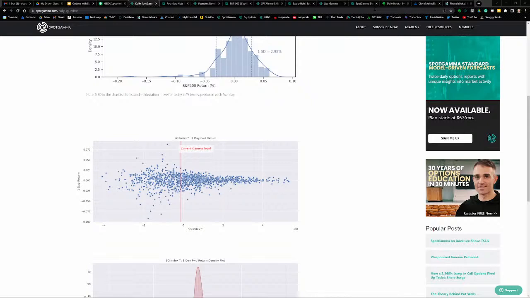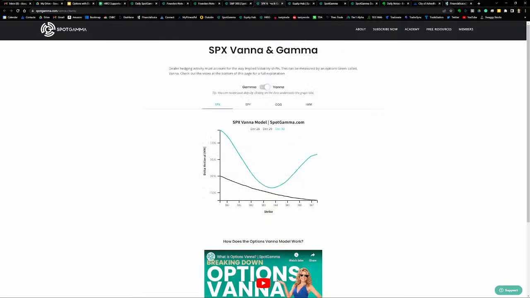Another way to look at that is the Vanna charts, and this shows market makers' delta notional or delta exposure with changes in price, shown on the horizontal axis, and implied volatility, shown by the green curve.